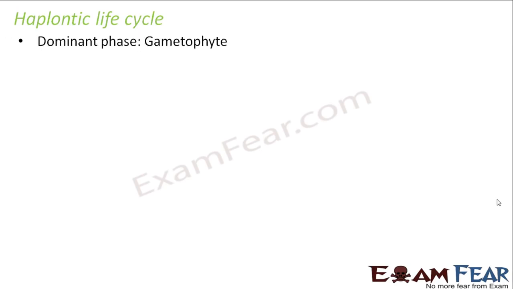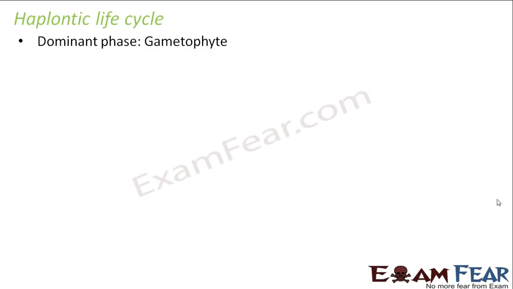So let us start our discussion with the haplontic life cycle. So let us look at what is a haplontic life cycle. In a haplontic life cycle, the dominant phase is the gametophyte. Can you remember any life cycles of plants which we discussed in this lesson where the dominant phase was the gametophyte?